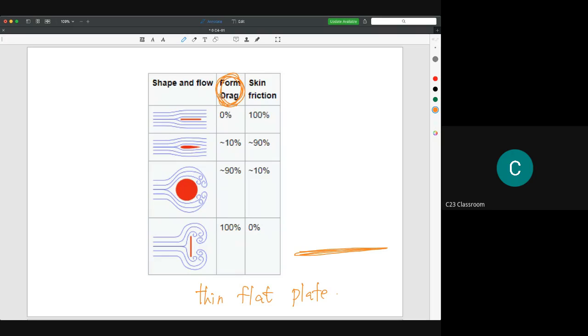We want to make sure that all our calculation is based on the changes of shear stress, not the influence of the surface. So this is the very basic idea of a boundary layer.